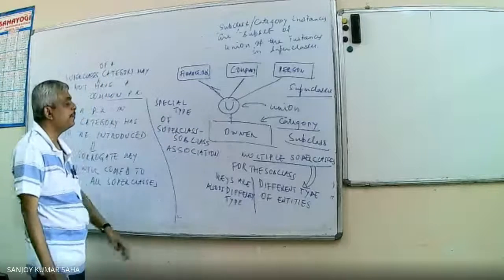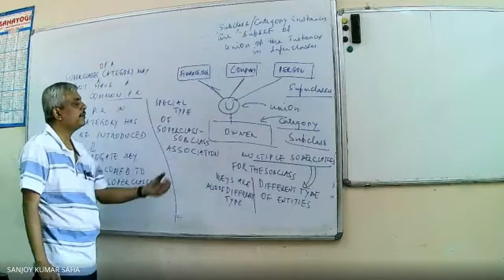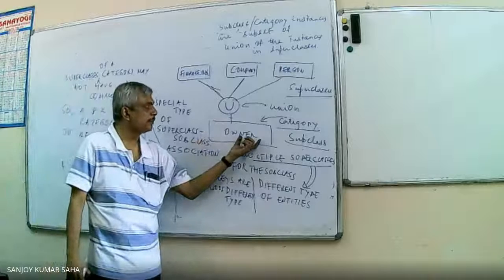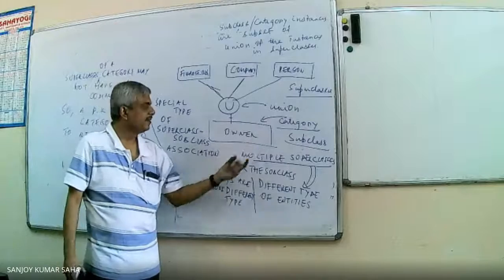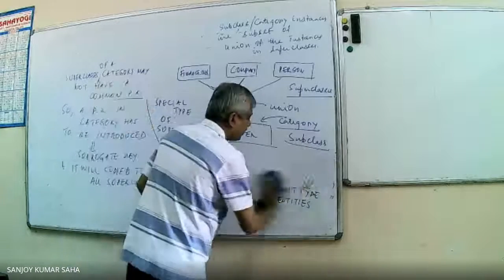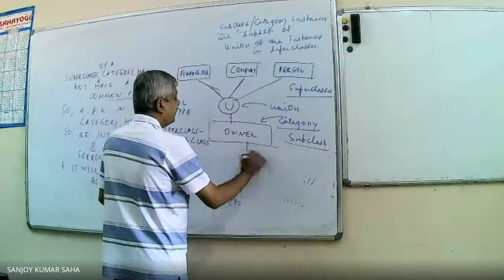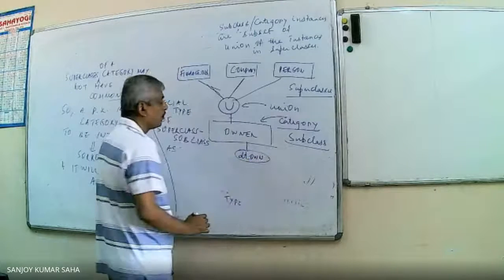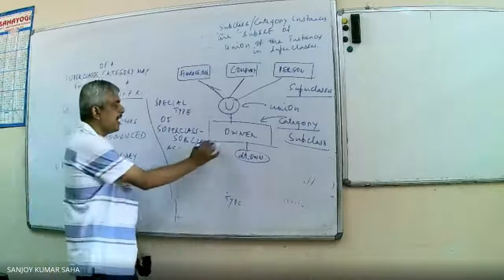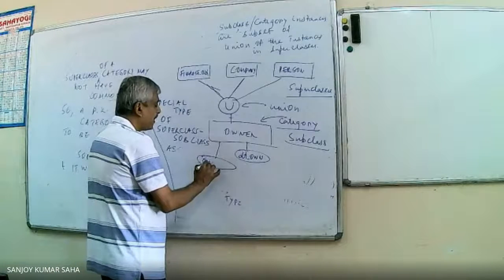So whenever we implement a category, it will have its own attributes and the surrogate key. Say the owner may have, say, date of ownership, on which date I gained the ownership, and it will have some owner ID.